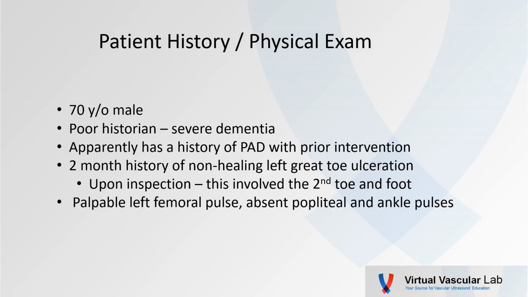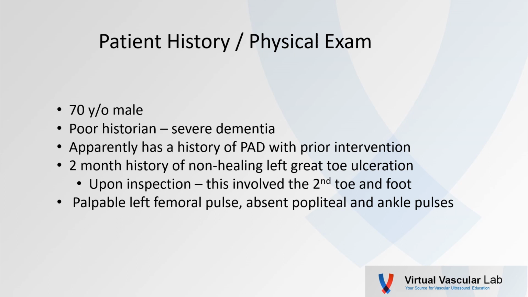So let's talk a little bit about the patient history and physical exam. He was a 70-year-old male, referred to us by a podiatrist. He was a pretty poor historian with severe dementia, so we really had limited history. Apparently, he did have a history of peripheral arterial disease, and as I found out in performing the examination, he had had prior intervention.